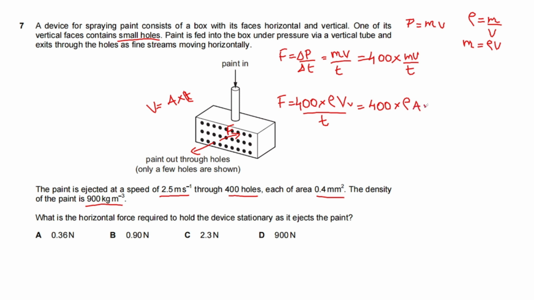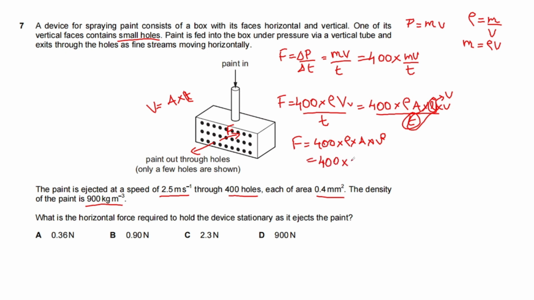It would be area multiplied by the length multiplied by the velocity divided by time. Here the length is divided by the time, so let's consider L over t as the velocity. So the formula would be like this: 400 times rho times A times v multiplied by v, which is v square. So this is the formula that you need to use.